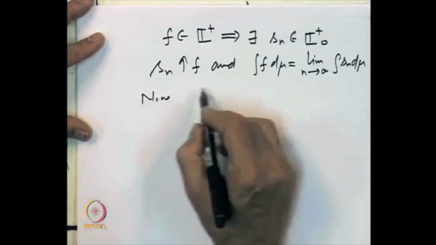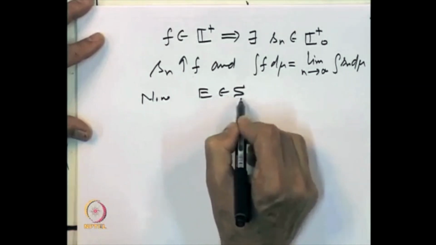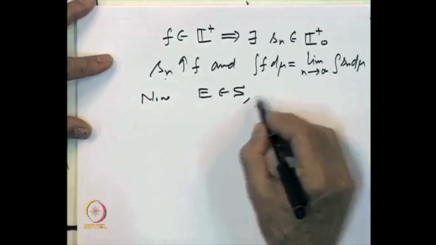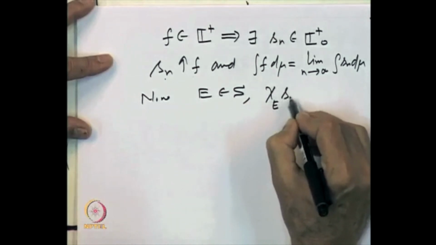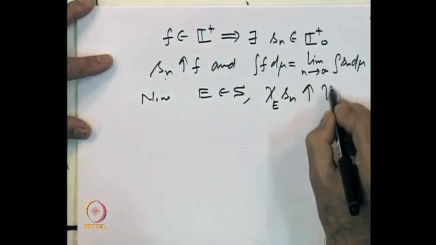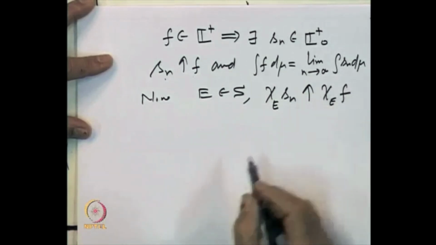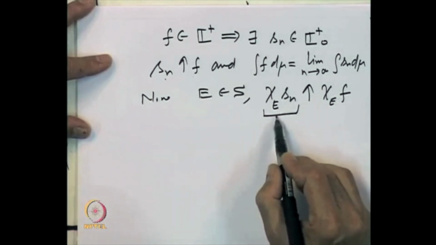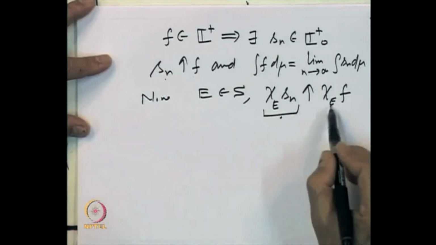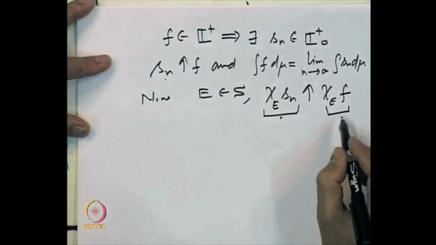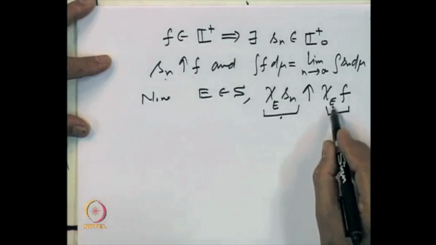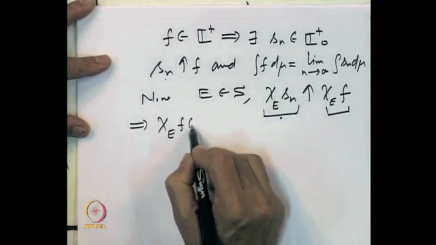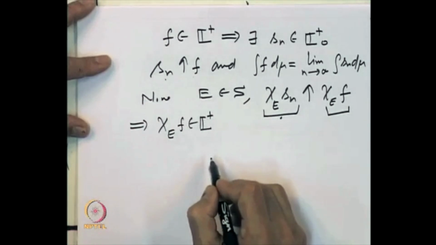Now for E a set in the sigma algebra S, because Sn is increasing to f, clearly the indicator function of E times Sn will increase to the indicator function of E times f. And observe, as we have done earlier also, that this is a non-negative simple measurable function. It is increasing to this function, so that implies that the indicator function of E times f is a non-negative measurable function.